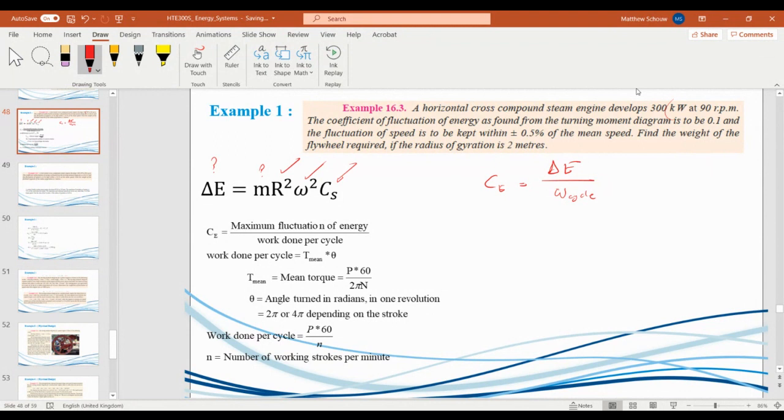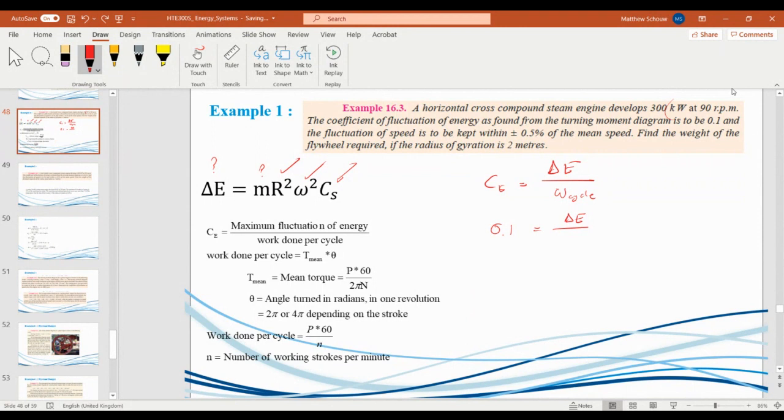So let's find our delta E, which is the maximum fluctuation of energy. CE is given as 0.1. We don't have delta E, and we have to find our work done per cycle. As you can see there, work done per cycle is not going to be a 2 pi, blah, blah. Rather, it's basically the number of working strokes per minute.